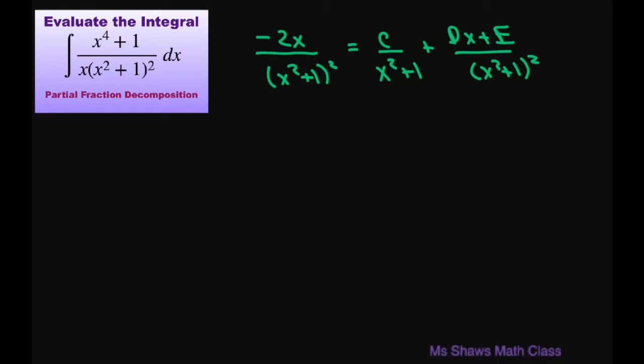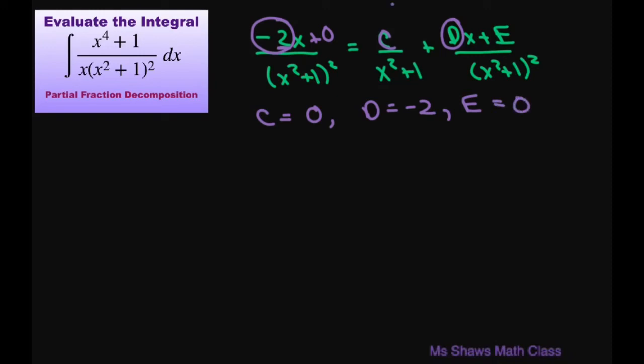All right, C has no x here, so if you equate coefficients, our C is going to be 0. Our D here is going to be -2. And our E, there's nothing here, so E is going to also equal 0.